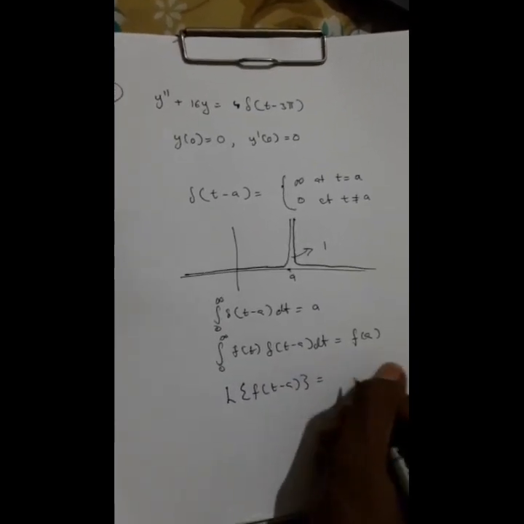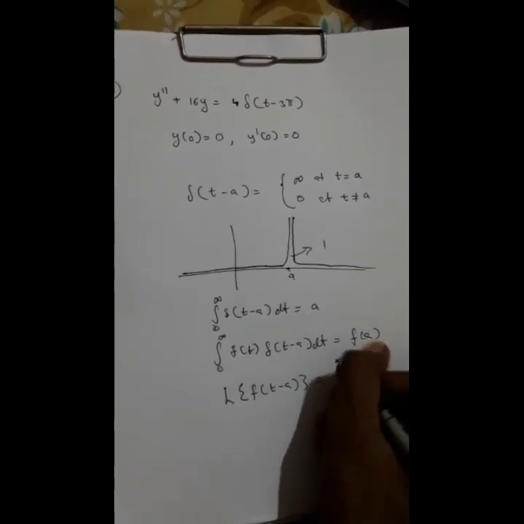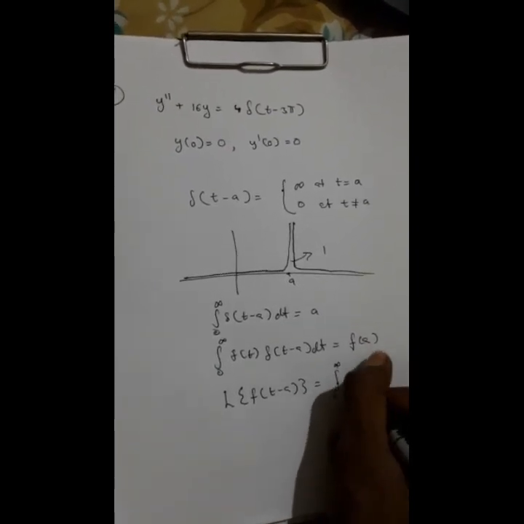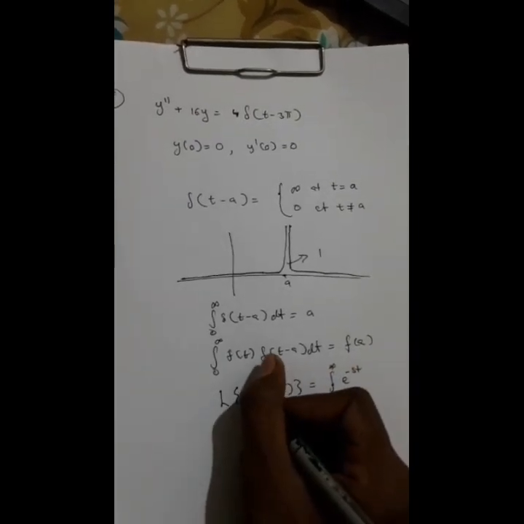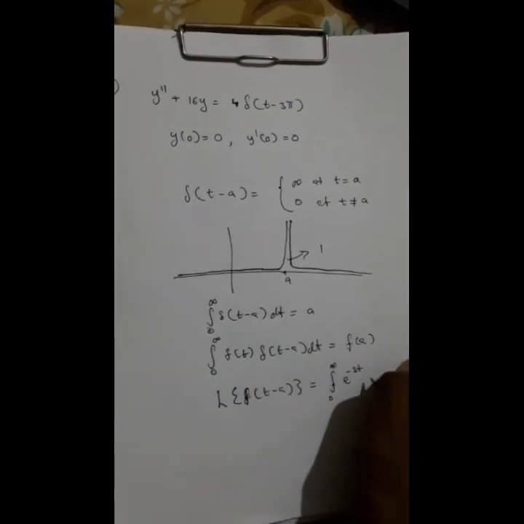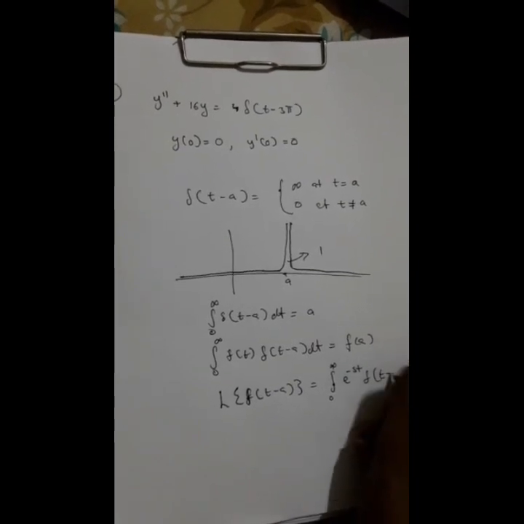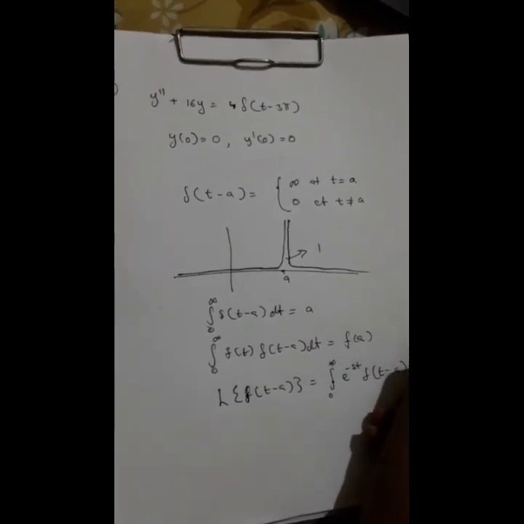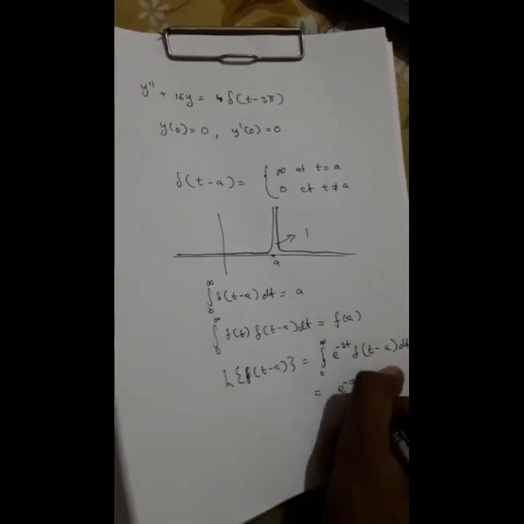As you know, Laplace of any function is integral from 0 to infinity e power minus st times that function, and here the function is delta itself, delta of t minus a, dt.